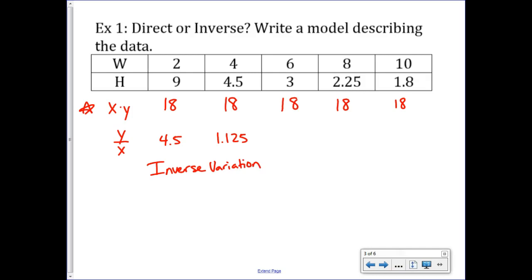So then our formula would be y equals k over x, and our k value is that 18, so it would be y equals 18 over x. That's the equation that you would write.